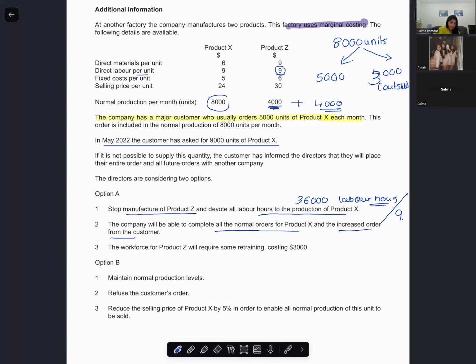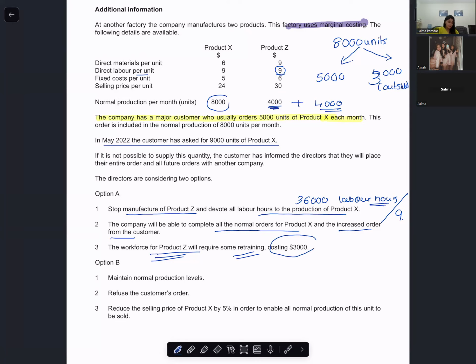So if they completely stop product Z, they can even satisfy the increased order of the customer and outsiders. But you have a workforce for product Z. Yeah, they'll require training of 3,000. That'll be a fixed cost.